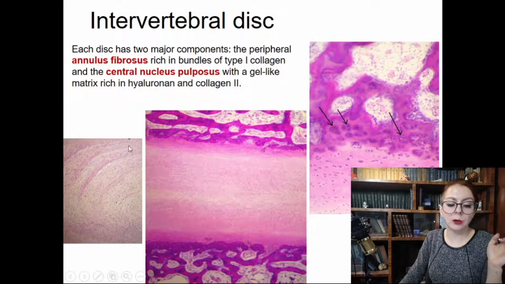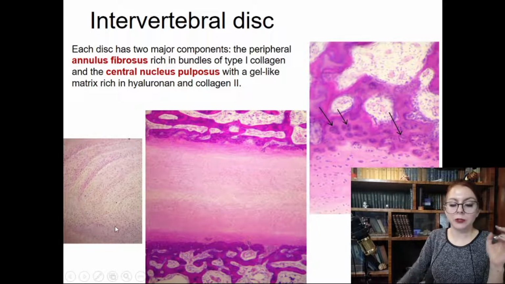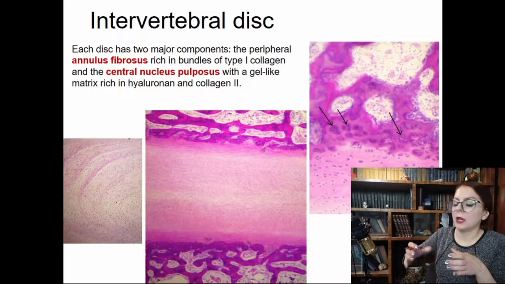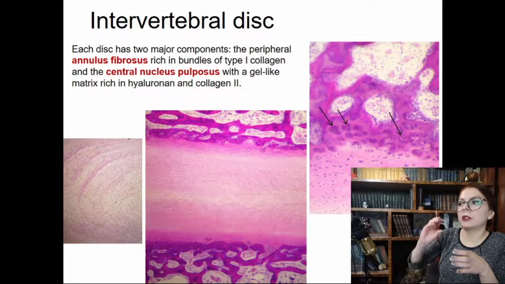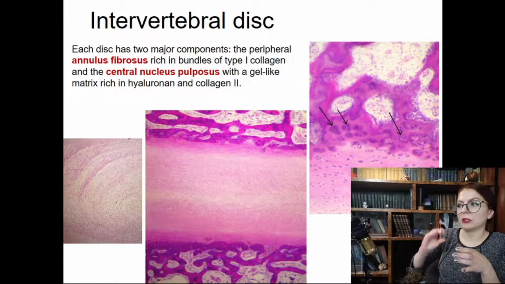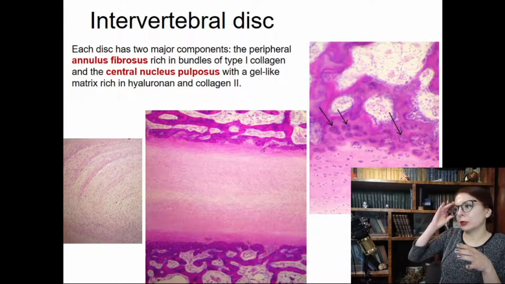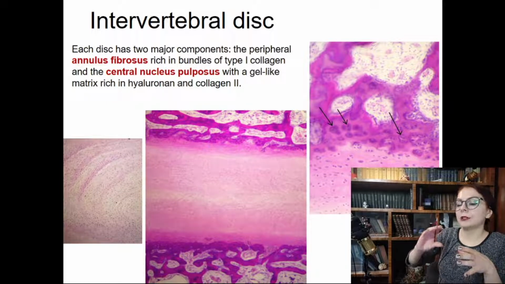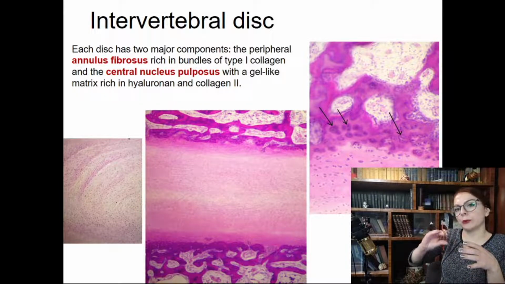There is an annulus fibrosus, where you can see that collagen fibers are oriented in a circular manner at the perimeter. In the center there is a jelly-like soft nucleus pulposus, which is made up of proteoglycans and hyaluronan molecules, and it is used as a shock absorber.